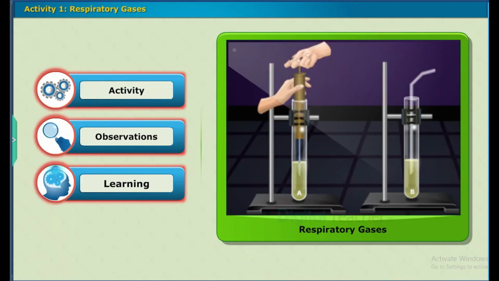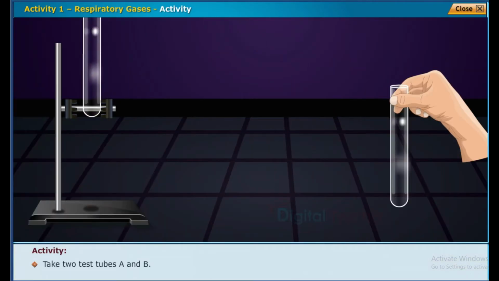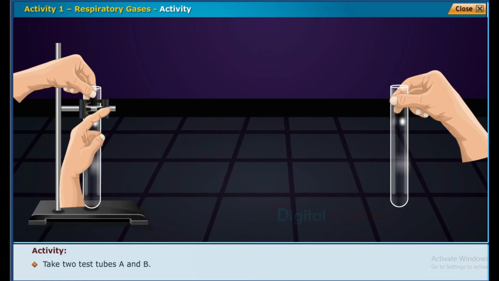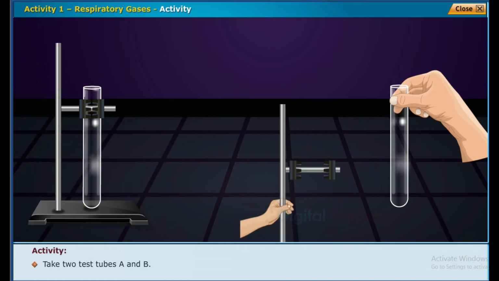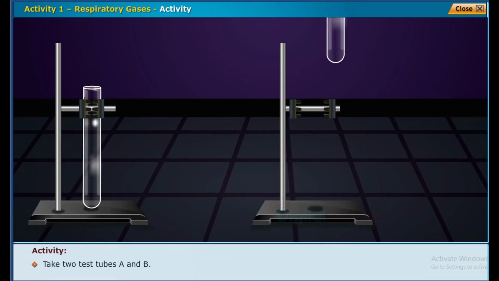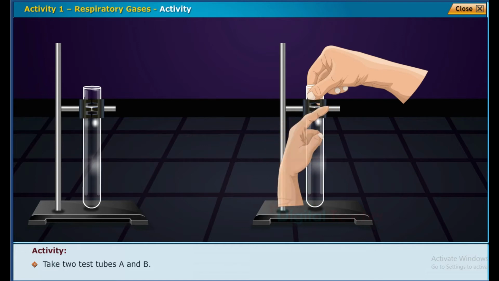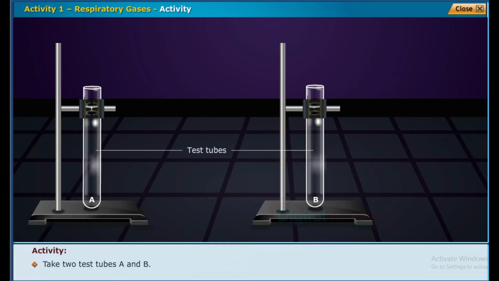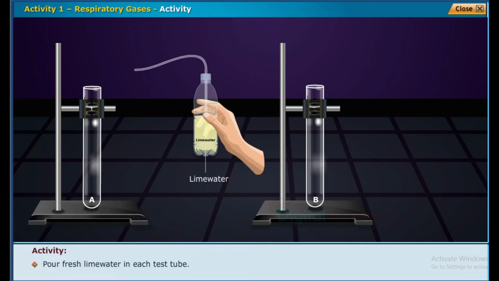Here, let us perform an activity on respiratory gases. Take two test tubes A and B. Pour fresh lime water in each test tube.